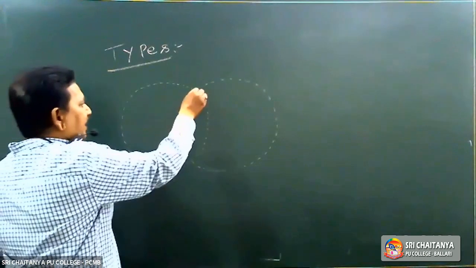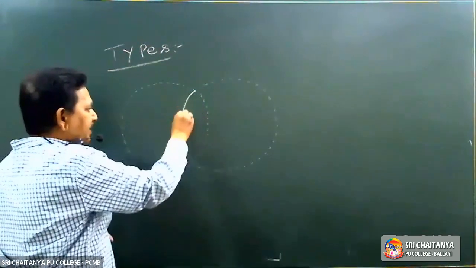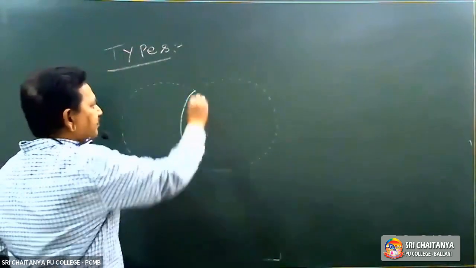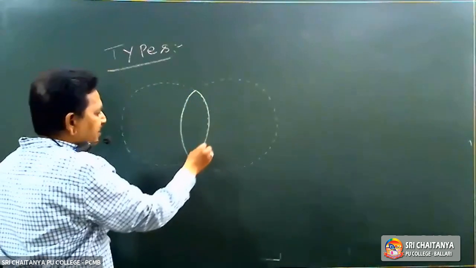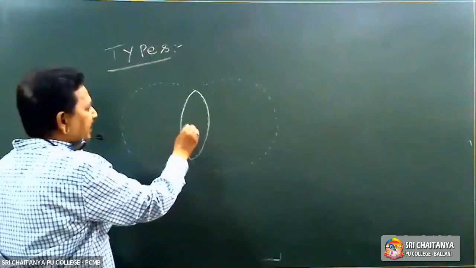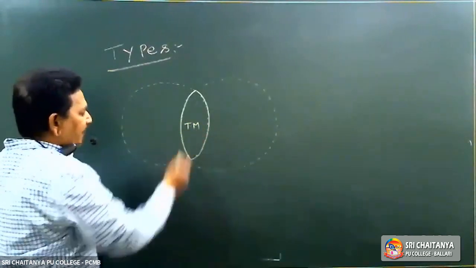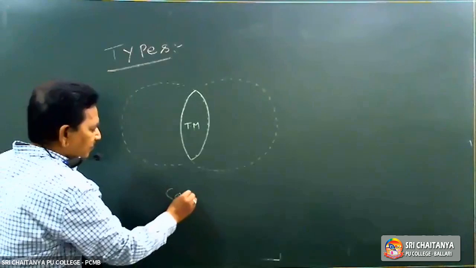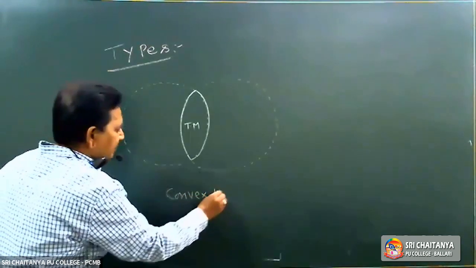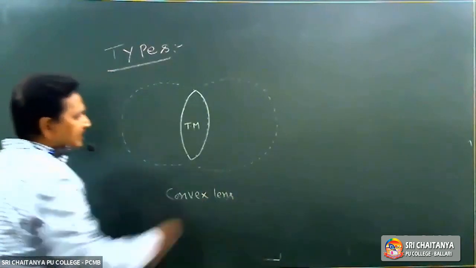The space where the two spheres are intersecting with each other is filled by means of a transparent medium. Then this is called a convex lens.